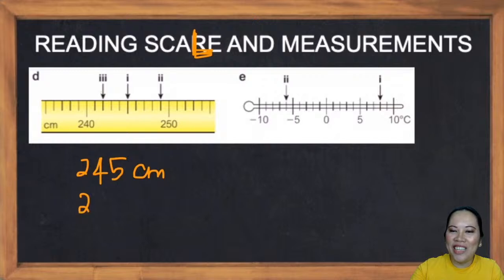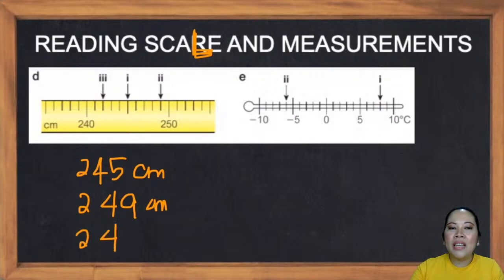Correct. 249. Yes, that's right. Last one, I. What will be the measure of I? 2. Yes, that's correct, Mahablanca. And then the last one, you will have 240. That's 1, and then followed by 2. So 242 centimeters. I just answered it for you.